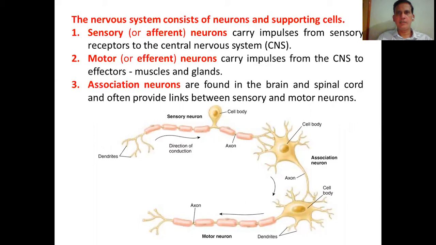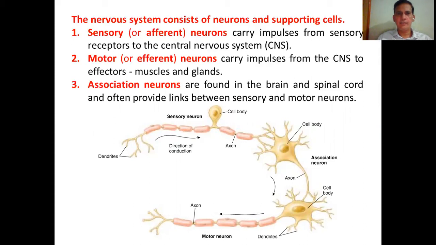Let's say, for example, the hand is moving towards heat, or moving towards fire. After sensing the high temperature, it needs to be immediately removed back. That function will involve sensation, or the sensory neurons' action, followed by the motor neurons' action. So the hand will be prevented from being burned.